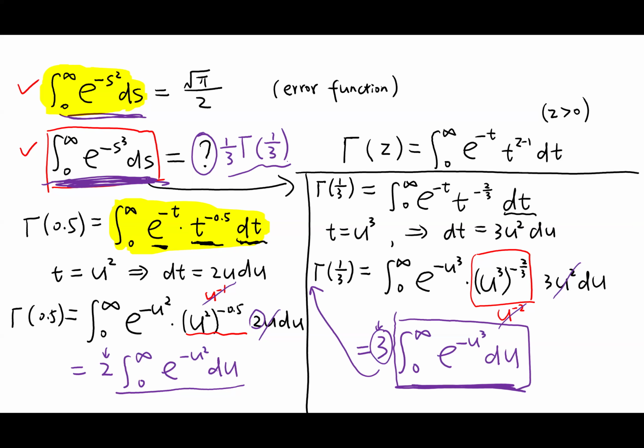So basically you can use MATLAB or ChatGPT or DeepSeek to check the value of gamma function of 1/3, and then you get the number for this. Use this number divided by 3, and then you get the value of the integration of this, okay?